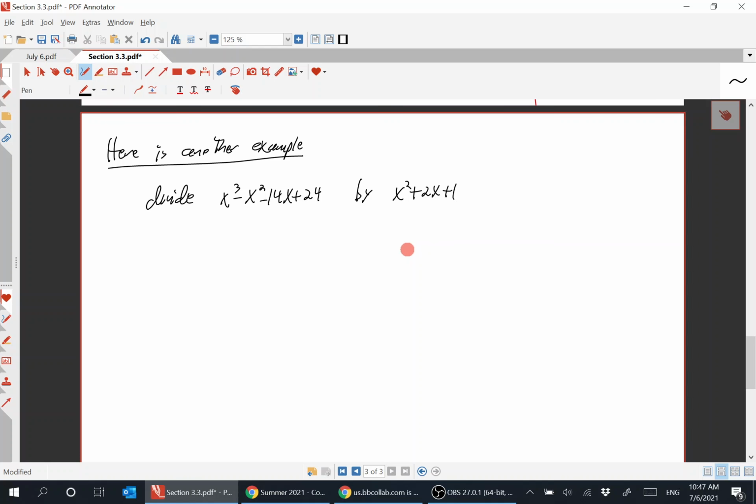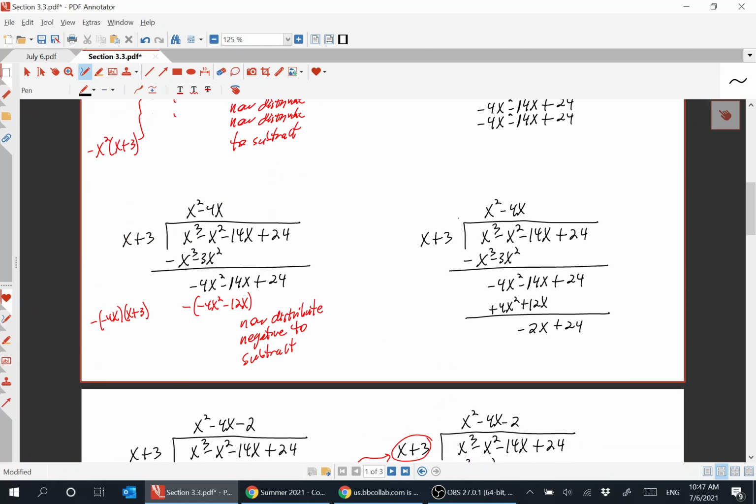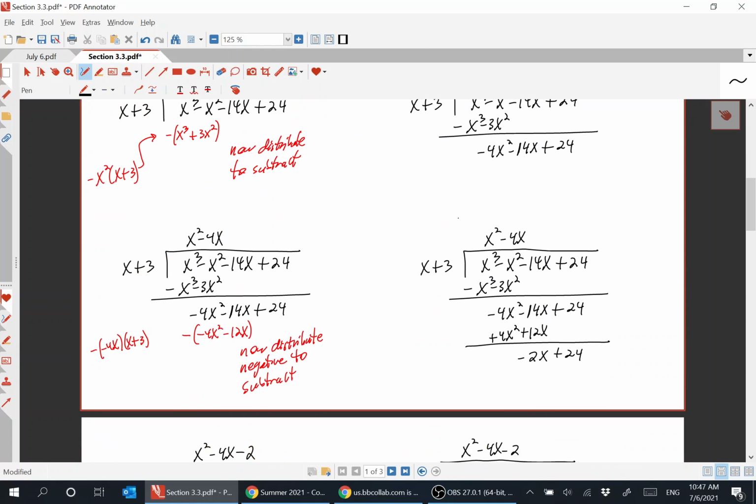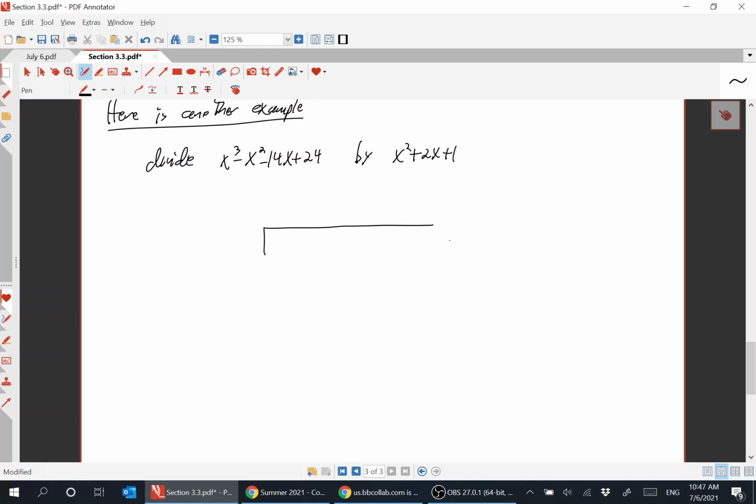Okay, so let's do it all with one bracket. So rather than going step by step and rewriting the bracket every time, let's do it all in one go. So x squared plus 2x plus 1 divided into x to the third minus x squared minus 14x plus 24.